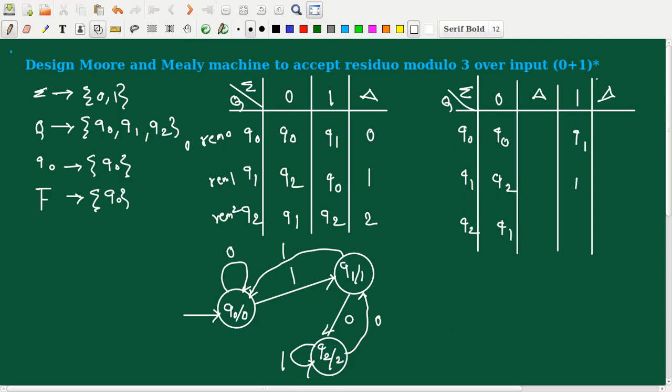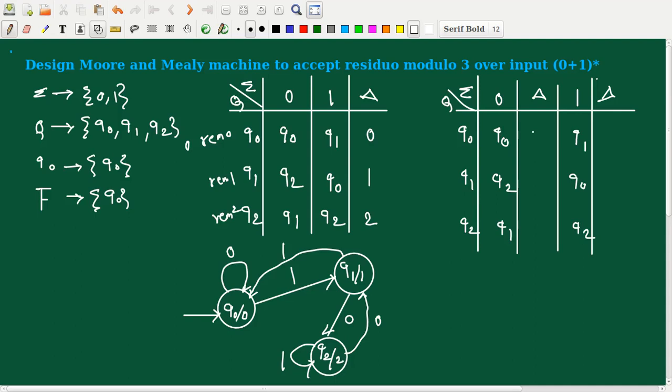Q0 has an output 0, Q1 has an associated output that is 1, and Q2 has an associated output that is nothing but 2. So these are the output states.